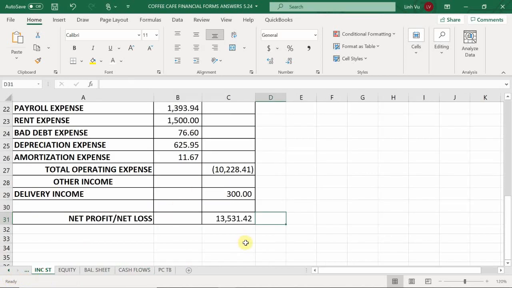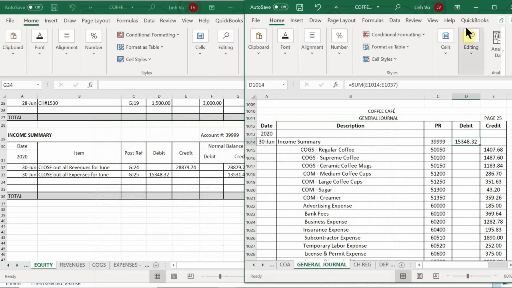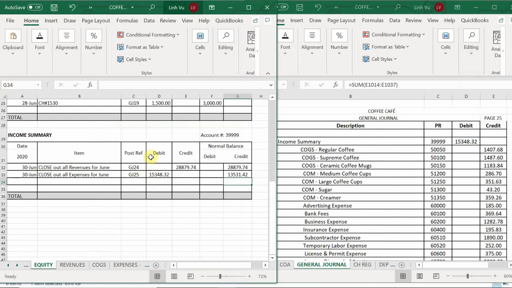This was our profit, the 13,531.42. So that means we successfully closed out our accounts correctly, making no mistakes, no typos or anything, because now our income statement matches our amount in our income summary. Okay. All right. Awesome.